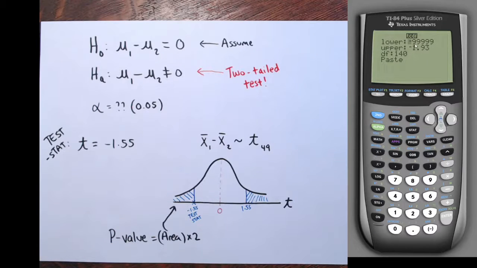So for the lower value, I'm going to put some big negative number like I have up here already, negative 99999. Then the upper value is my test statistic, negative 1.55. And the degrees of freedom was 49. Right, so I enter this, and this area is a little over 6%.